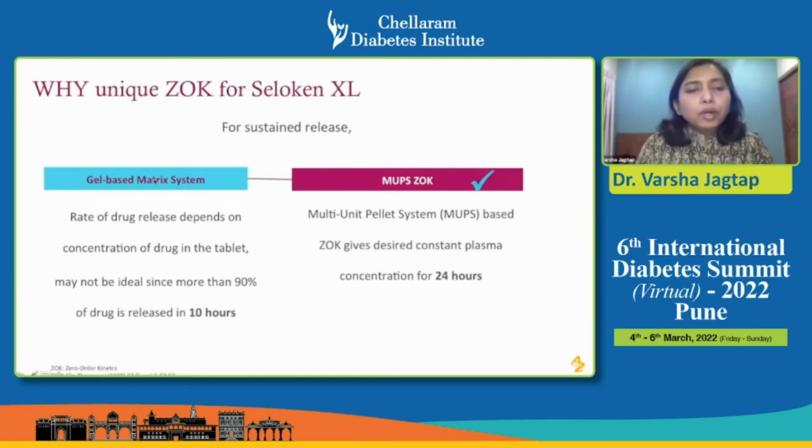But in Celokin XL, you have the zero order kinetics and the MUPS system, that is a multi unit pellet system. This MUPS zero order kinetics formula gives the desired constant plasma concentration for 24 hours.